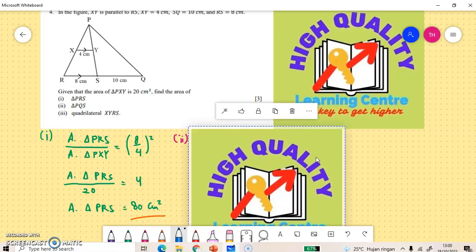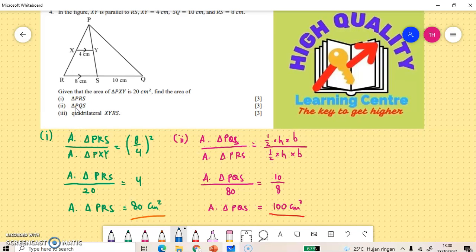Next, how about the area of PQS? PQS here. We use the other formula. As we know, area of triangle is half multiplied by height and base. And then PRS, half multiplied by height and base.